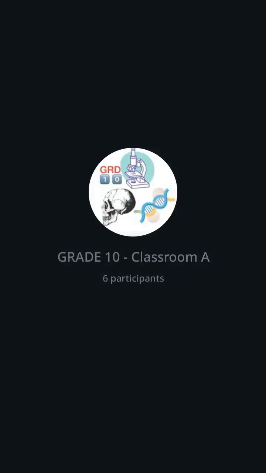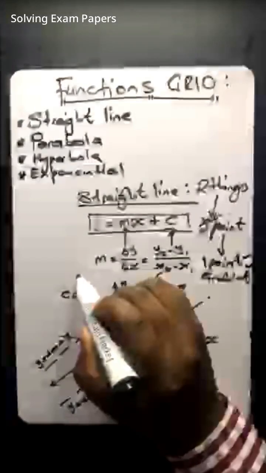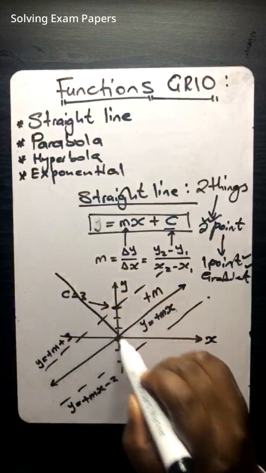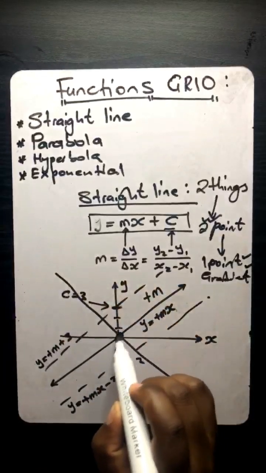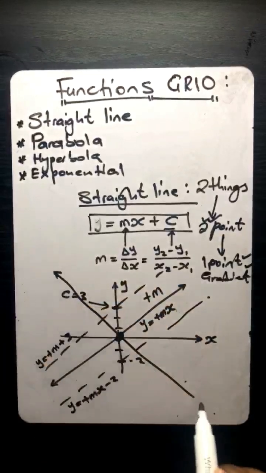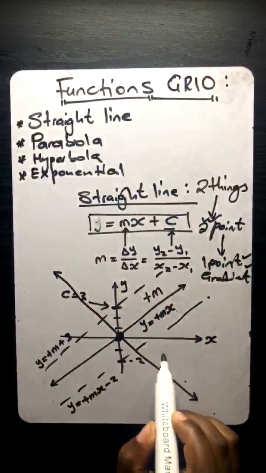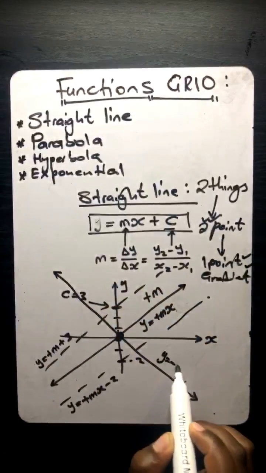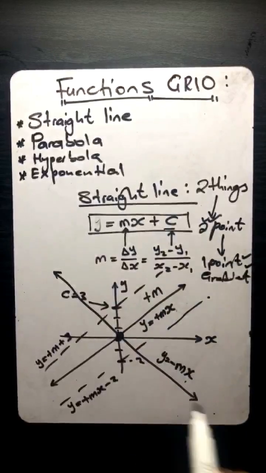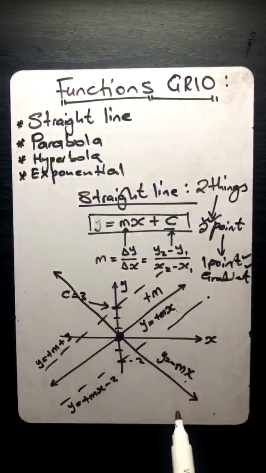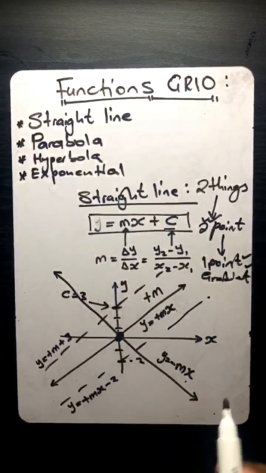Now when a line is drawn in that direction, ending in the second and the fourth quadrant, you know it has a negative gradient. With regards to c, it depends on the y-intercept.